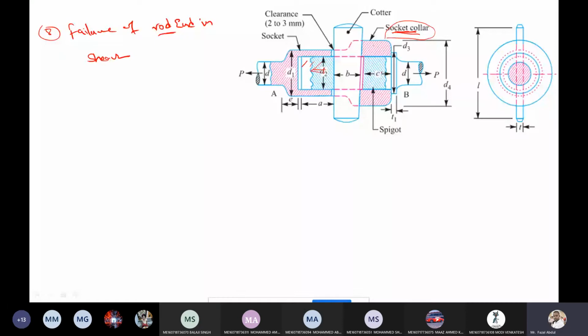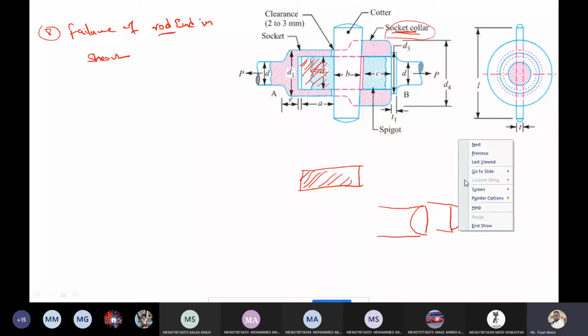Now if the spigot end fails in shear, how it appears, I'm drawing here.